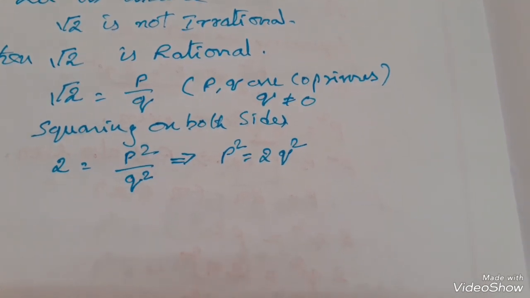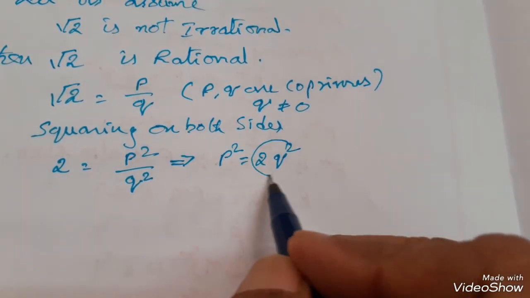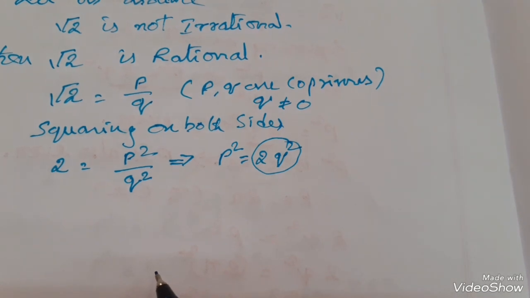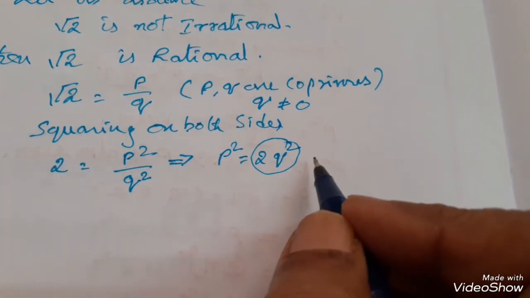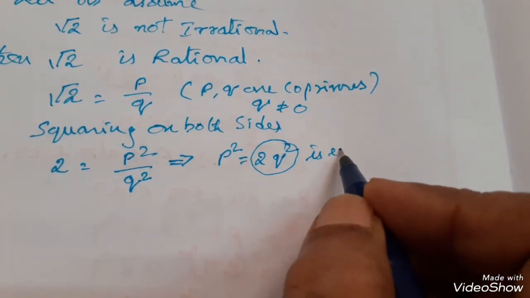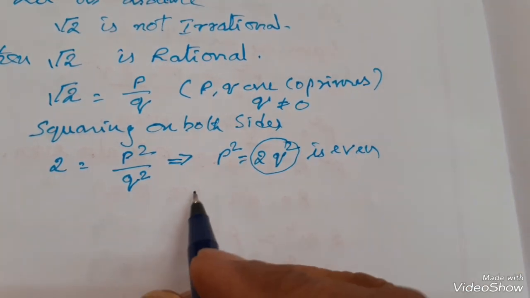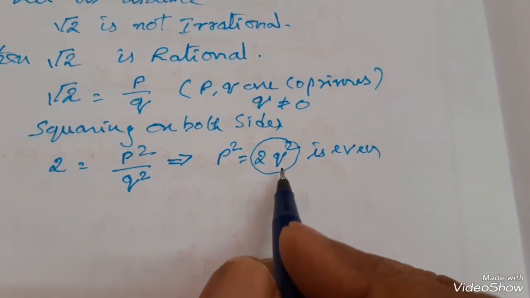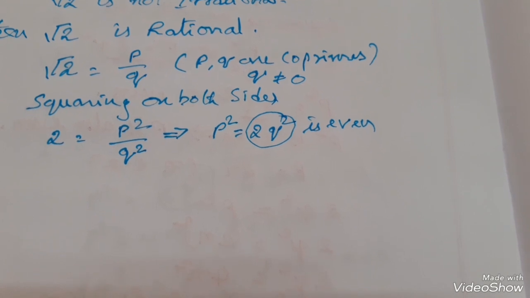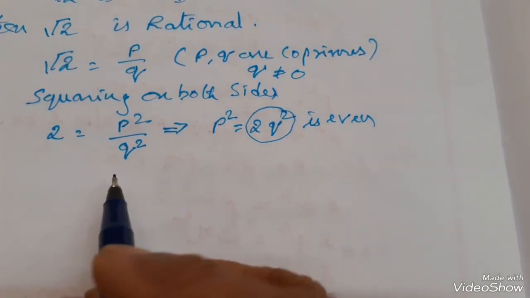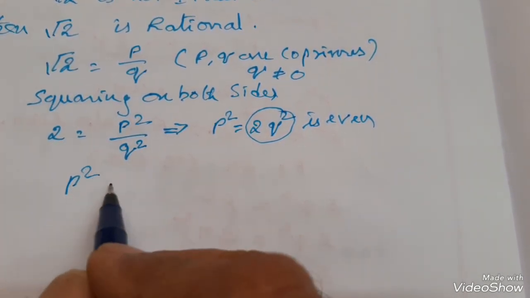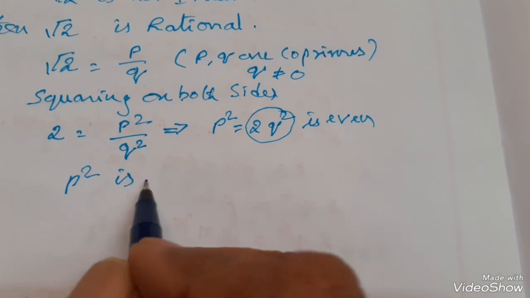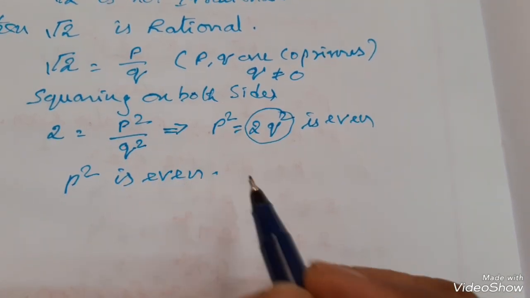So clearly we know that 2q square is a multiple of 2, so it is even. When 2q square is even, then p square is also even.